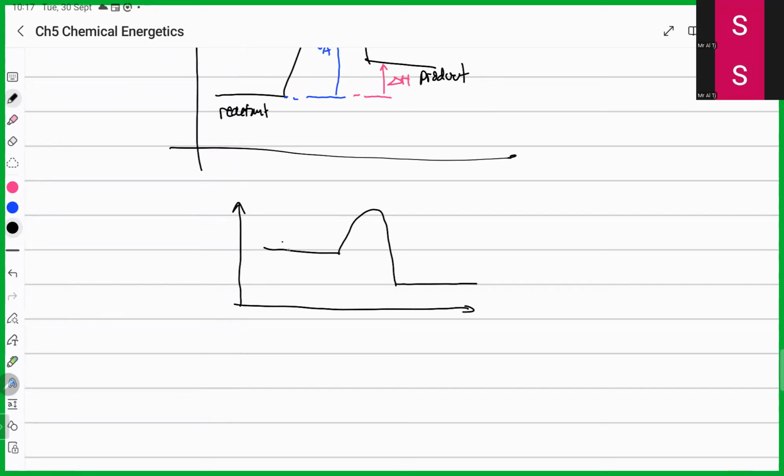Yes. This is the reactant. This is the product. The activation energy is still going up, but the enthalpy change is going to be going down, lower.